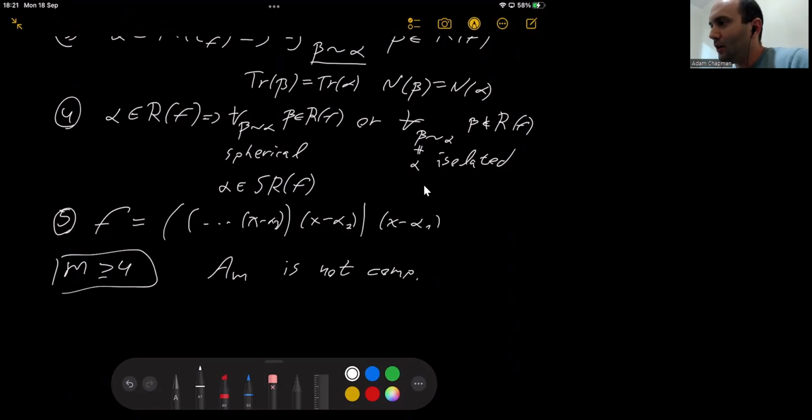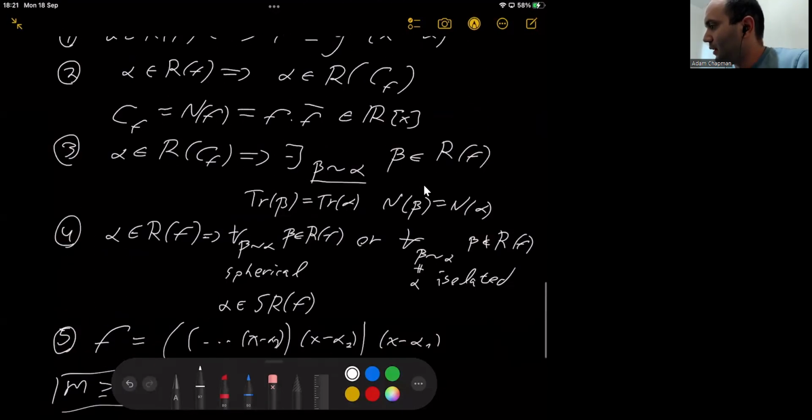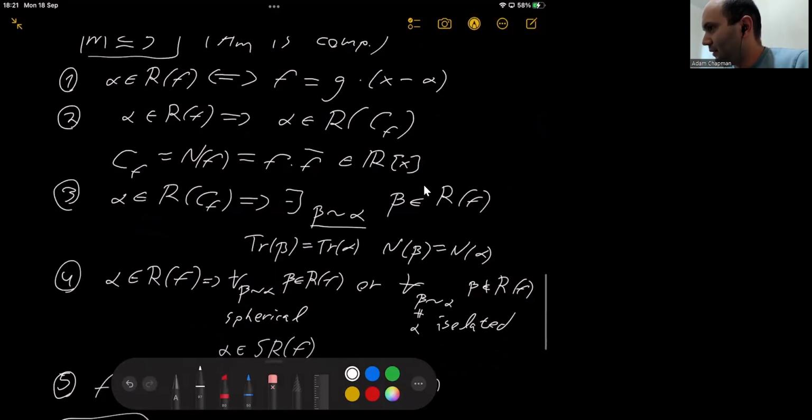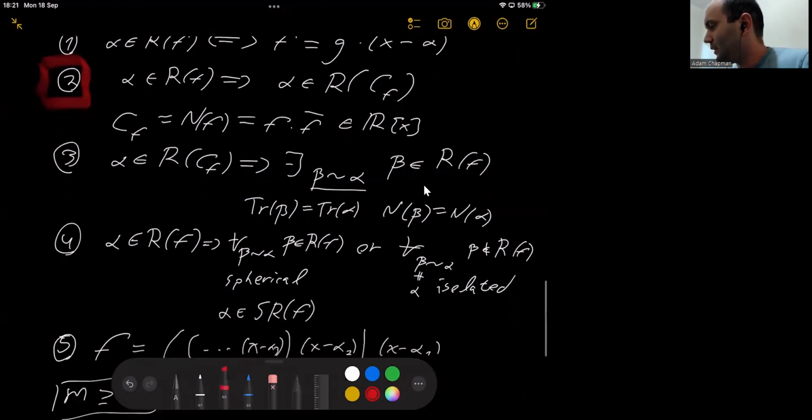Let's see what catastrophes we have. Among those things, I'm going to focus on number 2 for the moment. That's, I think, the main result we have. It's not like the other things are not interesting. We just did not consider them in the paper, at least not explicitly.